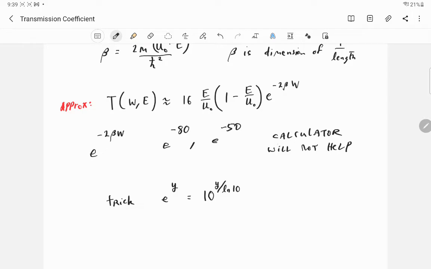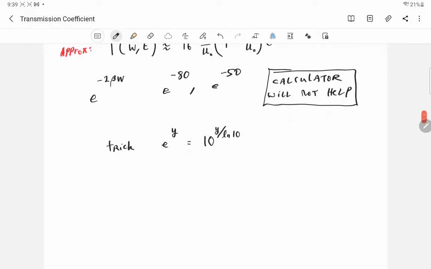The way that we do this is with a clever trick. So here's the trick. It's to remember that e raised to a number called y is equal to 10 raised to that same number but divided by the natural log of 10. The reason this is true is really easy to see if you just take the natural log of both sides.